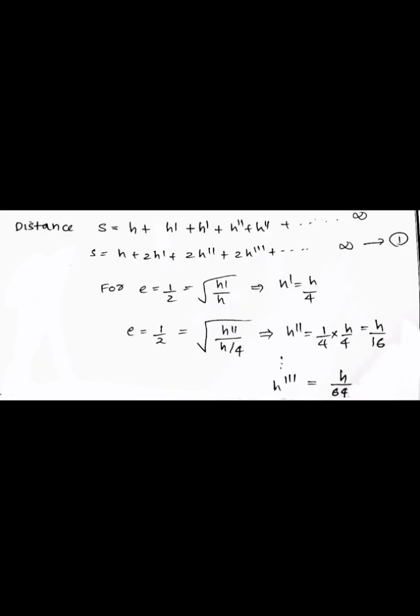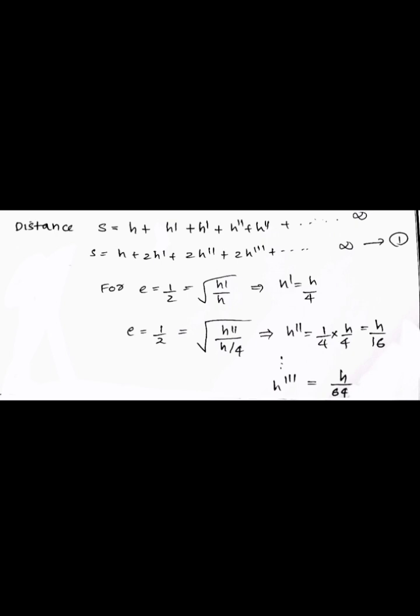Then in the third bounce it covers a distance h double dash and moves upwards, and then comes downwards, always covering the h double dash, so that in the distance h dash and h double dash come 2 times.